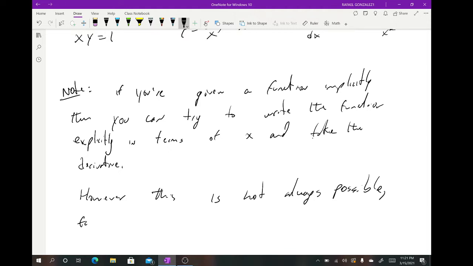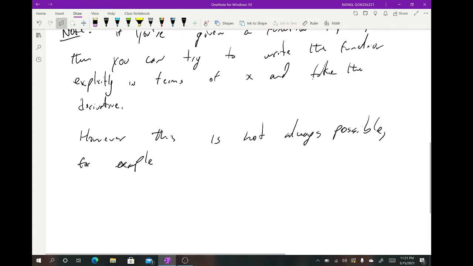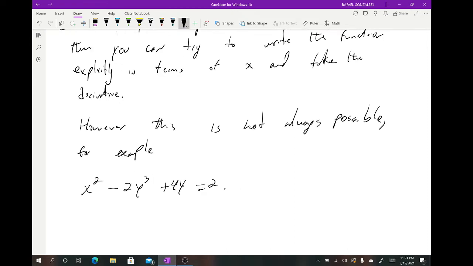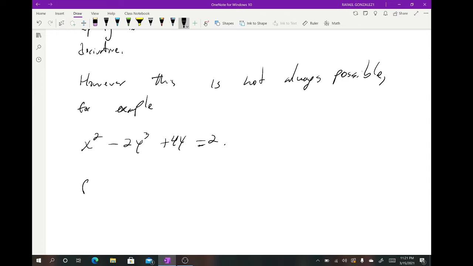For example, what if you're given this? Let's say you're given x squared minus 2y cubed plus 4y equals 2. Well, how would you find the derivative of this? If somebody told you to find the derivative of y with respect to x of this, it will not be as easy.